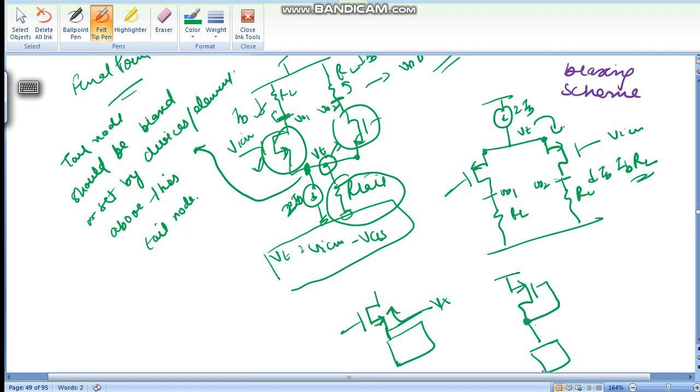This source node is a low impedance node, so this is going to settle this Vx. So a low impedance node is going to actually set or bias that node. Now in the differential amplifier, the source is a low impedance node, so this should set this tail node.